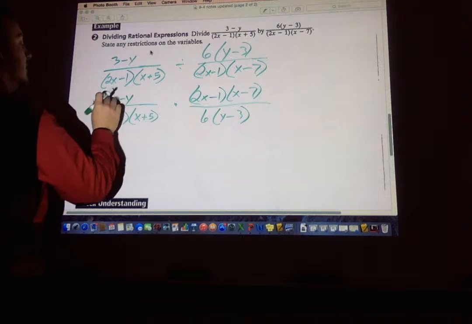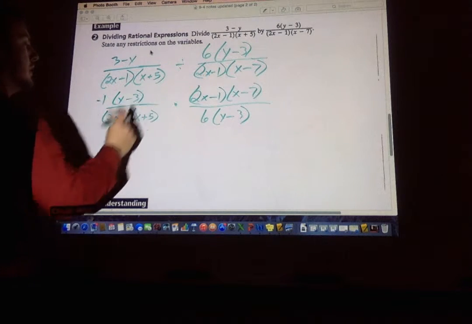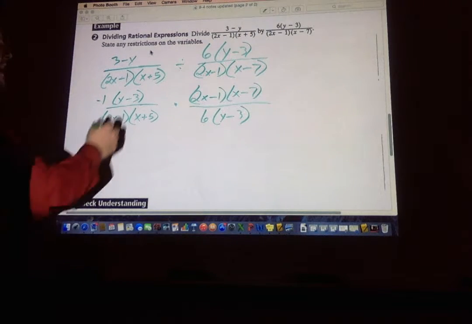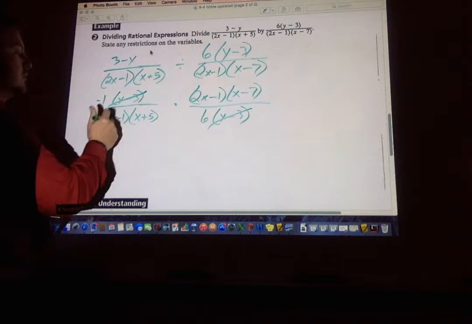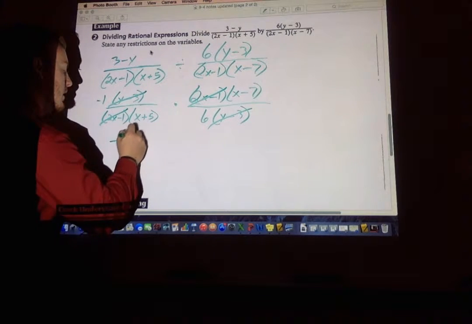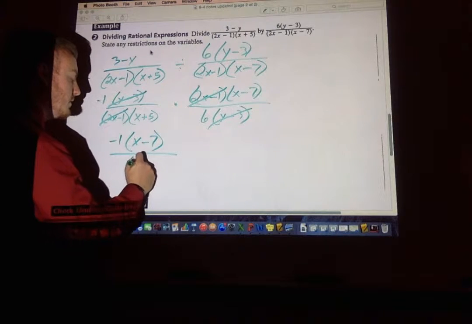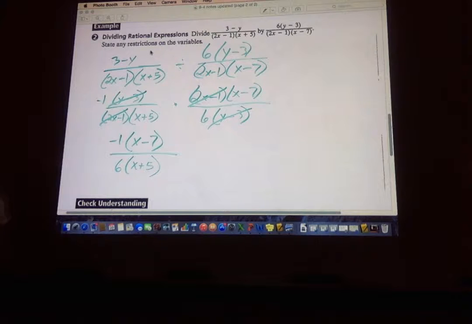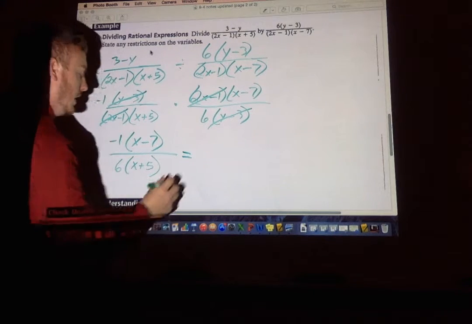So it's like having -1 times y minus 3. Okay, so I'm just reversing the order and putting the negative out front. Now I can cancel these out. 2x minus 1, I see those cancel. I'm left with the -1 times the x minus 7 and the x plus 5. Oh, and the 6. All right, so those are the things that I got left. Now, let's just multiply it out, and we're done.